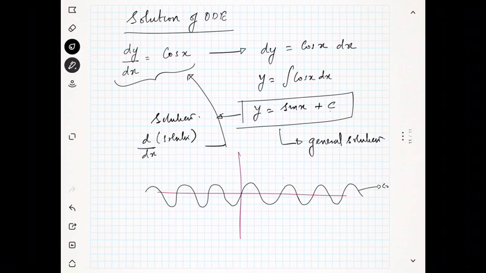So this is also a solution, but this is a particular solution, because at this point the value of c is equal to 0. Now we will find another solution.